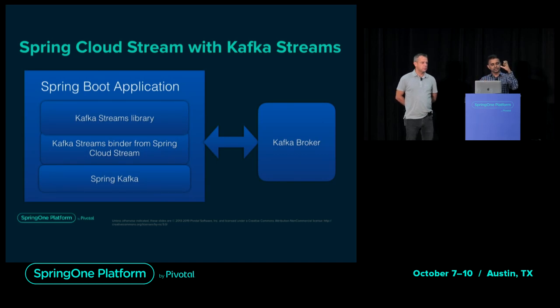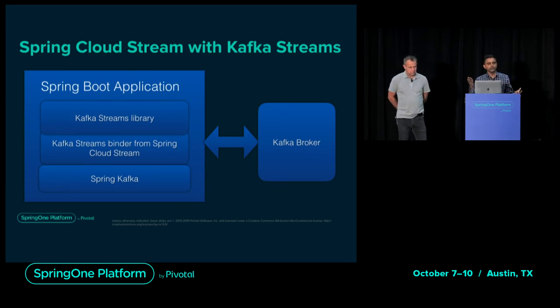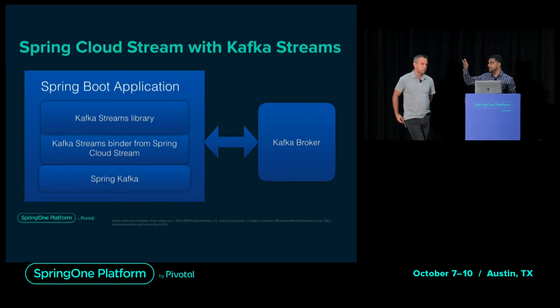When you use the Kafka Streams binder, it allows you to bind to the various types that Kafka Streams exposes. Let's say that Kafka Streams exposes a type called XYZ. The Spring Cloud Stream binder will bind to that type, and you have that type available in your function bean so that you can immediately start doing processing with it. So this is the stack.